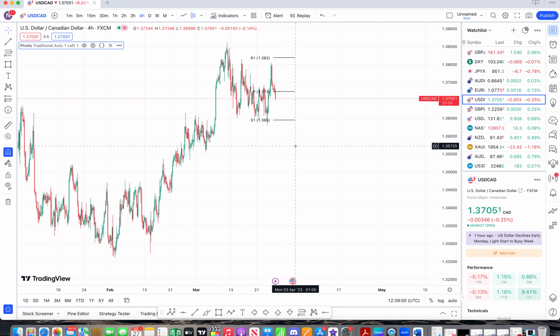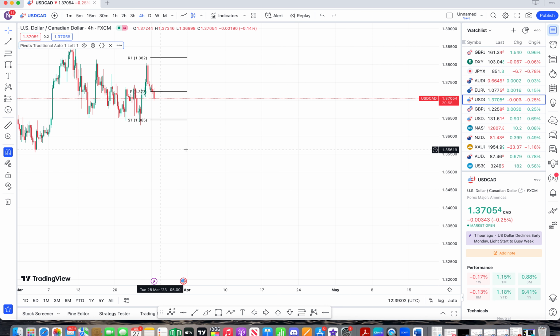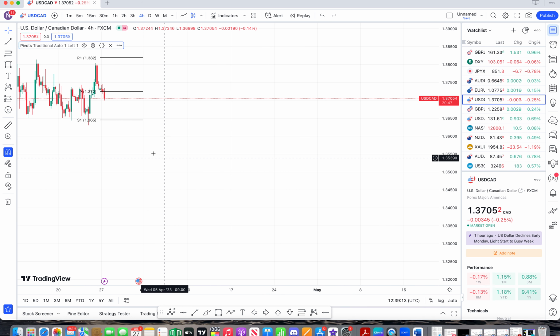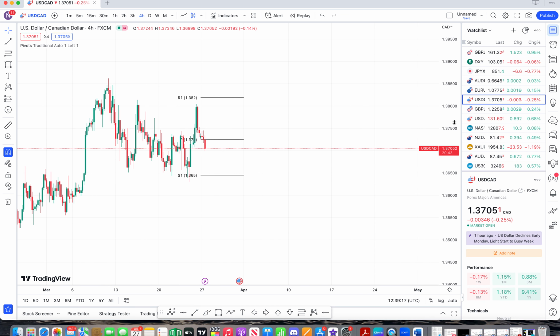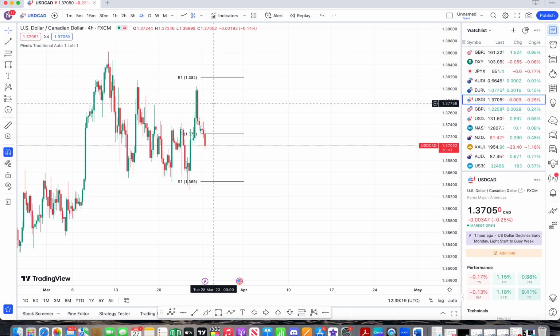Now, with your first support and first resistance, a lot of the time in the market, your R1 and S1 are the strongest support and resistance points. Usually a lot of times you want to go ahead and find those key areas.